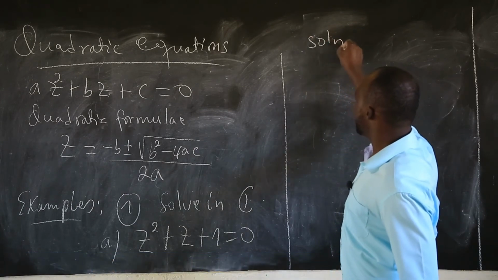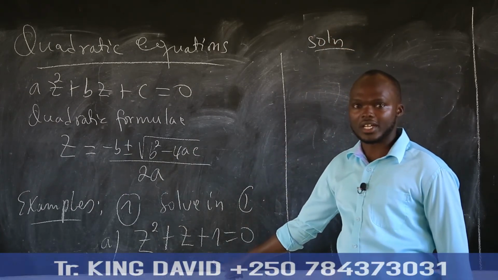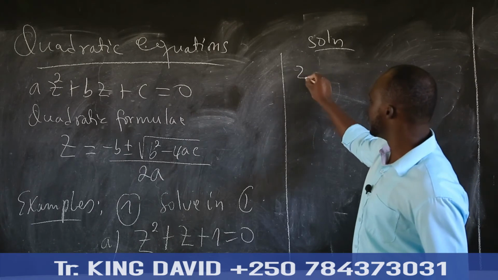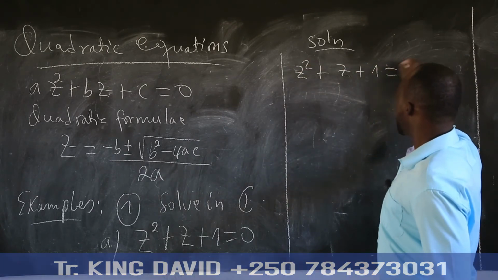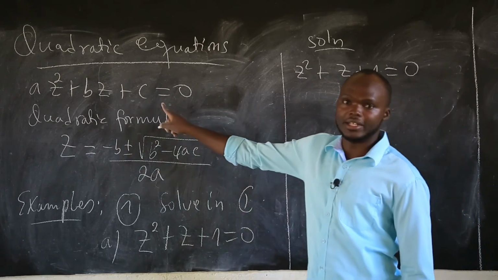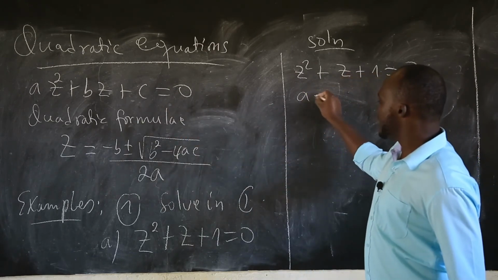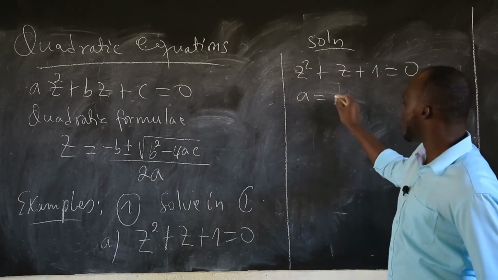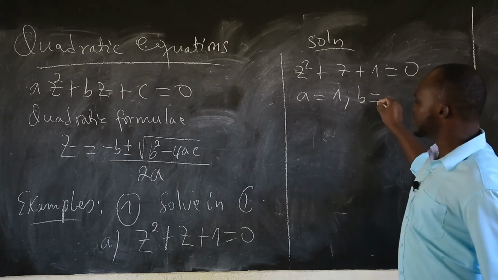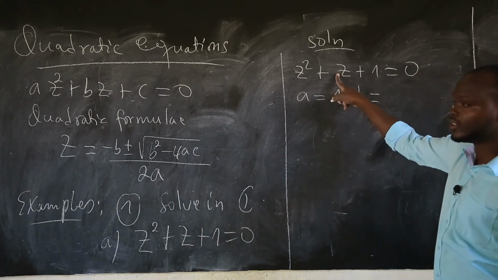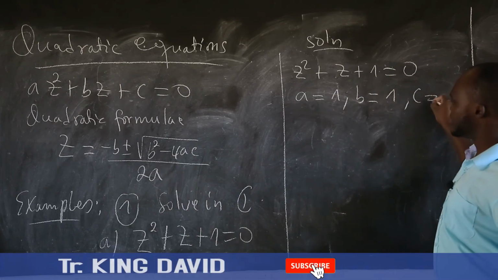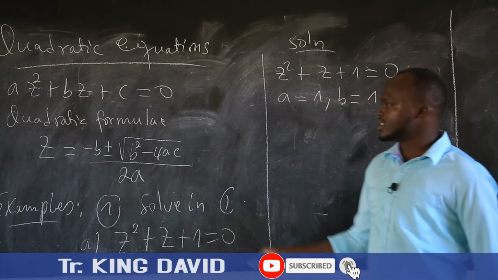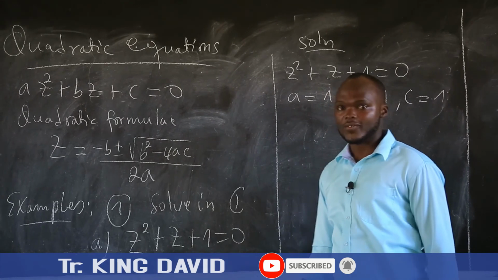So, if our equation, which is a quadratic equation, is z squared plus z plus 1, when I compare this equation with the general one, you see our a, which is the coefficient of z squared, is 1. Our b, which is the coefficient of z, is what? Also, it is 1. So our constant c is 1. So we're going to use the quadratic formula.